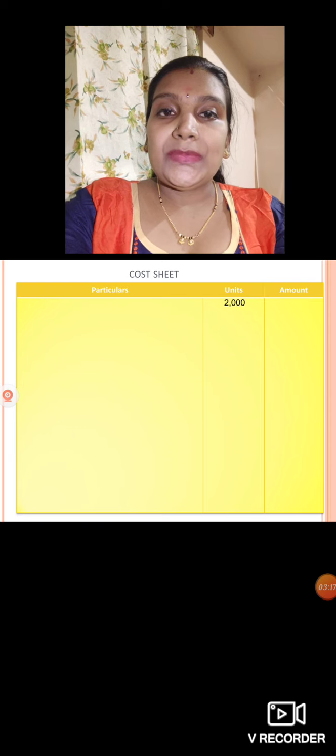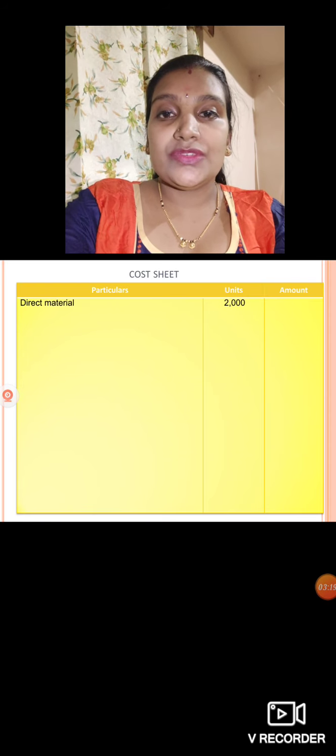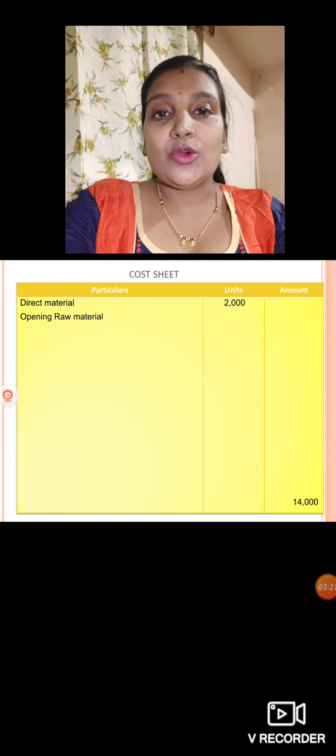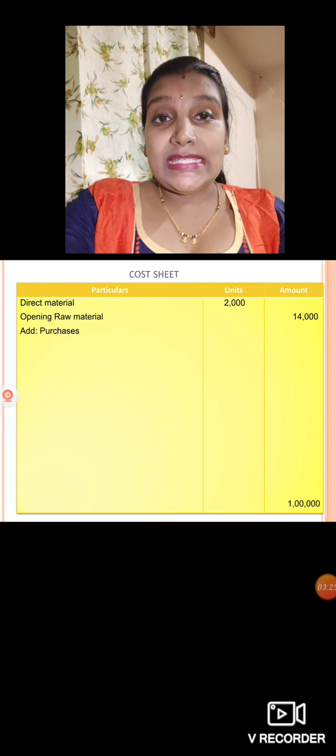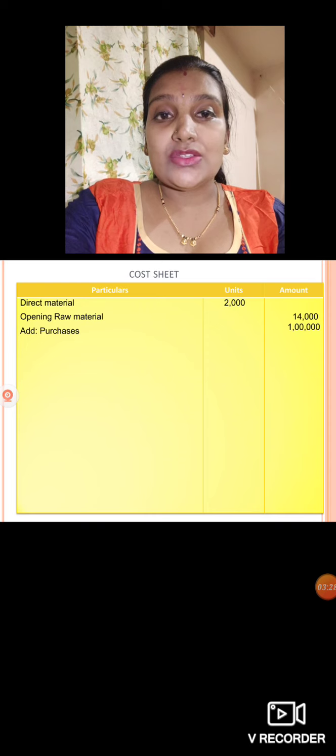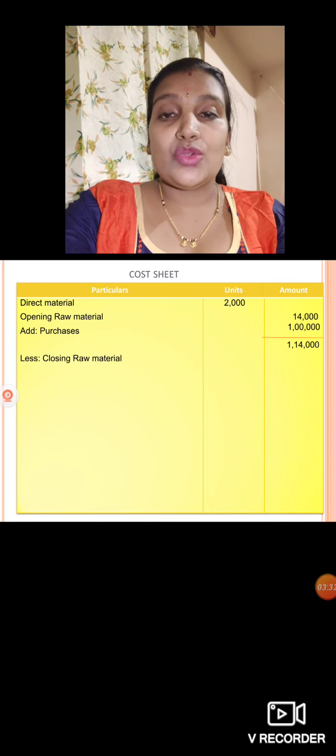So let's prepare the cost sheet. Units we have 2000 units. First we'll write direct material. In that, opening raw material we have 14,000. Add purchases during the year, 1 lakh, so we will get 1,14,000, less closing raw material 10,000.